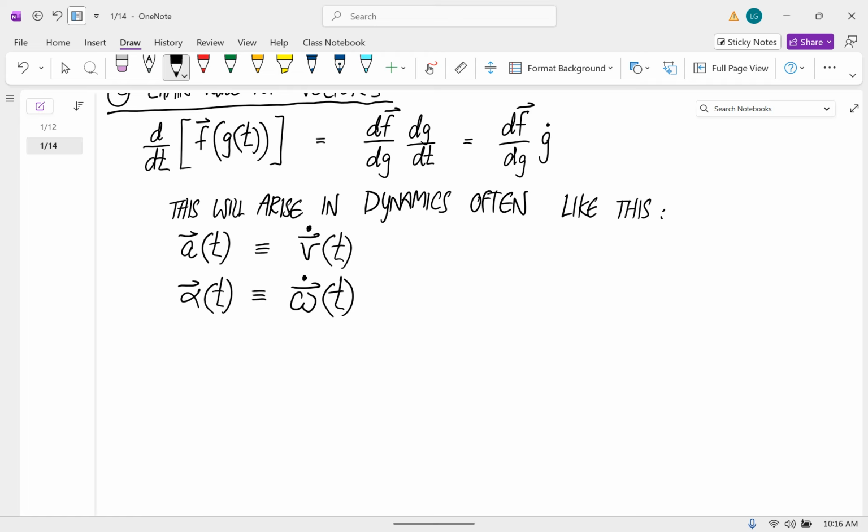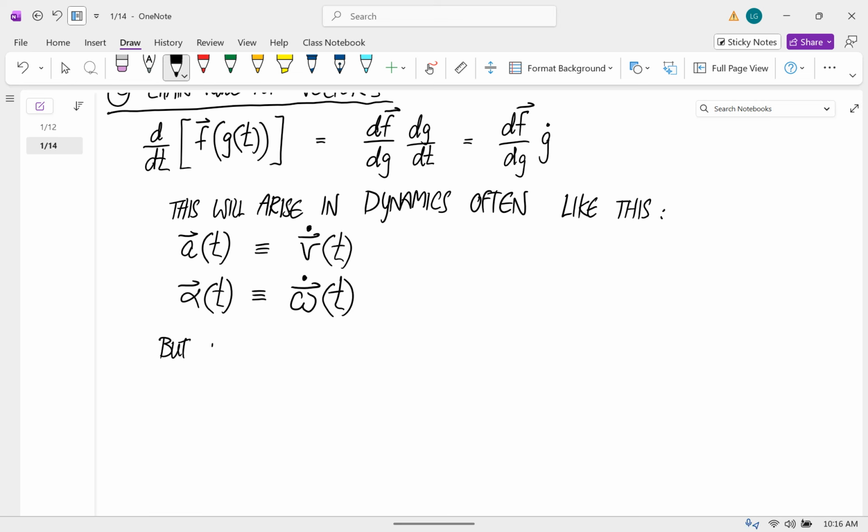But if you have the velocity vector as a function of time, or you have the angular velocity as a function of time, then getting to the acceleration and angular acceleration, those are easy, right? You just take the time derivative. But what if you have those as functions, but they're not functions of time? And we'll see that come up a good bit.